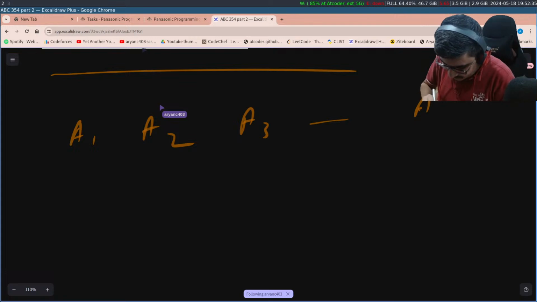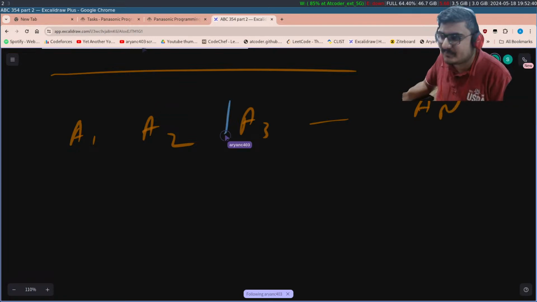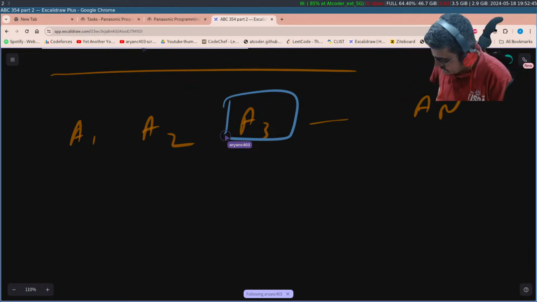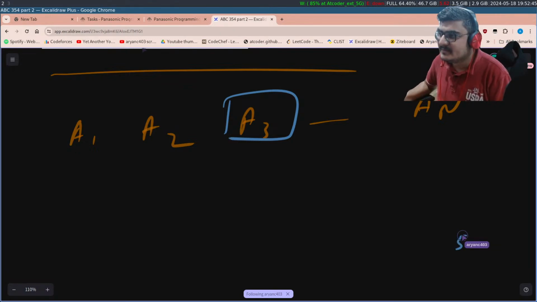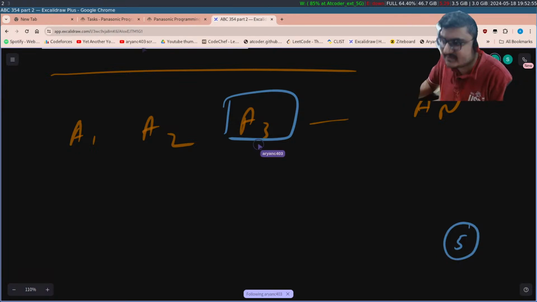Let's say we have t equal to 3. First we have to find the longest increasing sequence length for the complete array. Let's say LIS is 5. Then it asks, does there exist an increasing sequence of these cards such that a3 is definitely in that sequence?